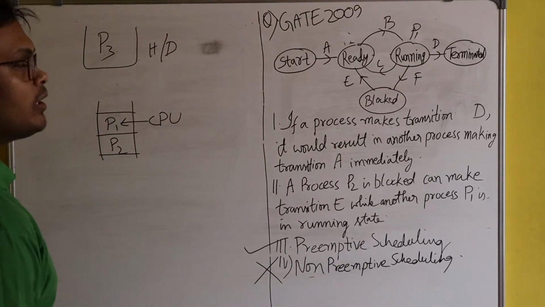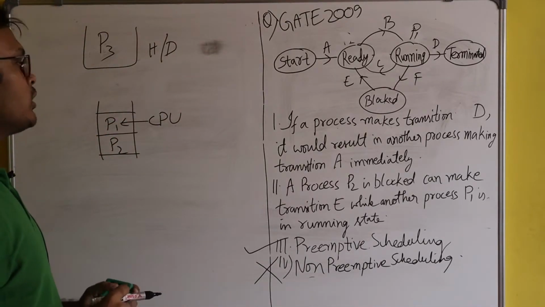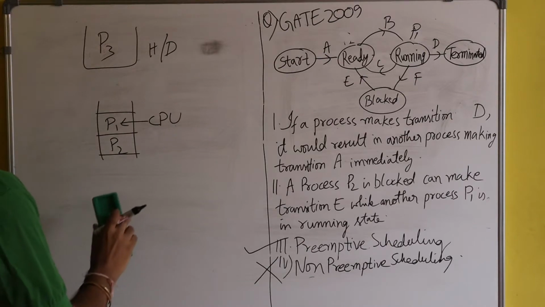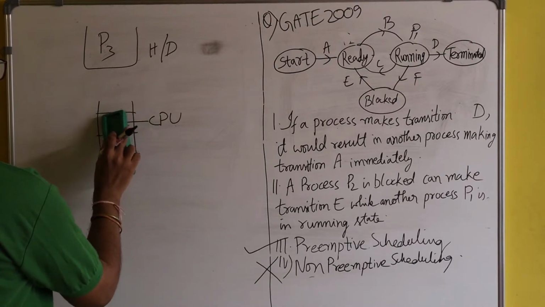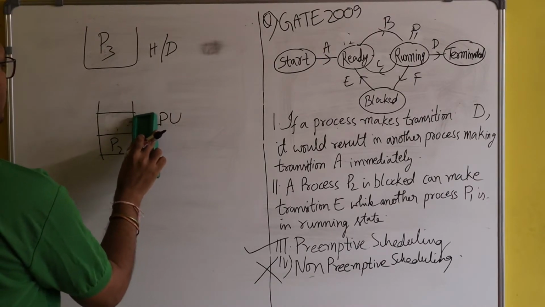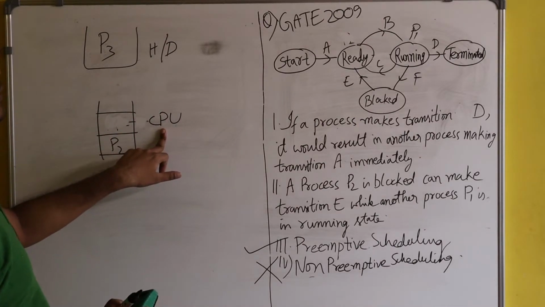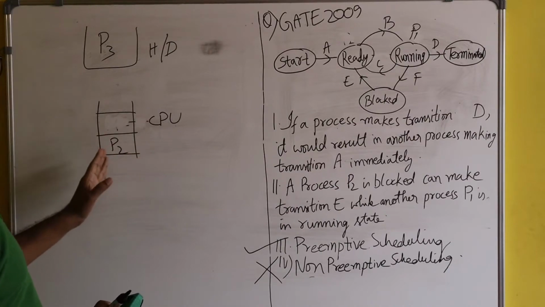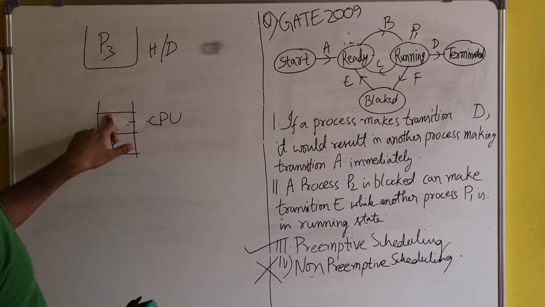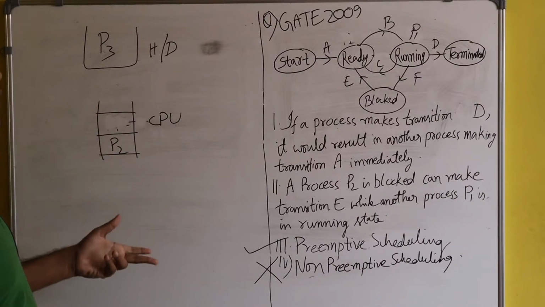It means the process control block of process P1 will be deleted. So here I will delete process P1. Yes. And now CPU is free. So if the task of process P1 is over, what will happen?